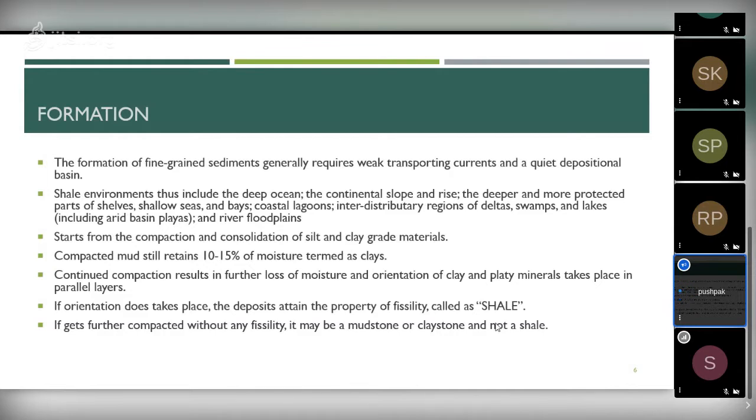If it gets further compacted without any fissility, it may be a sandstone, a mudstone or a claystone, and not a shale. So the shale differs from other sedimentary rocks due to its property of fissility.